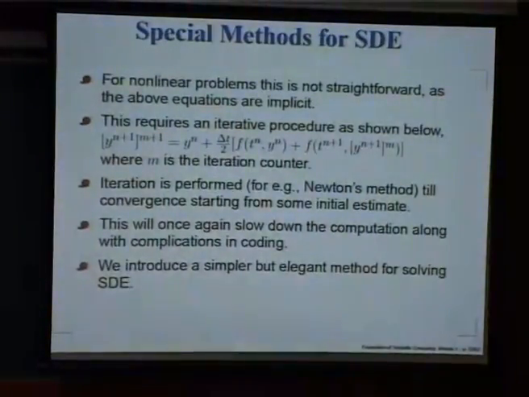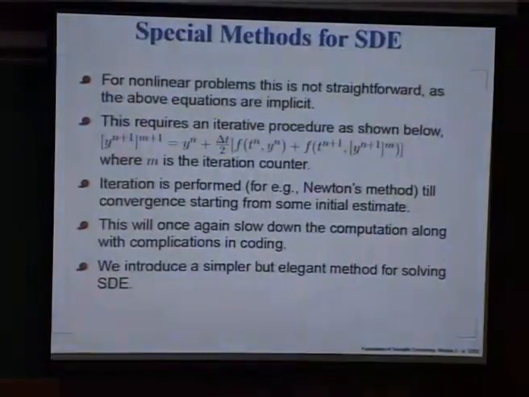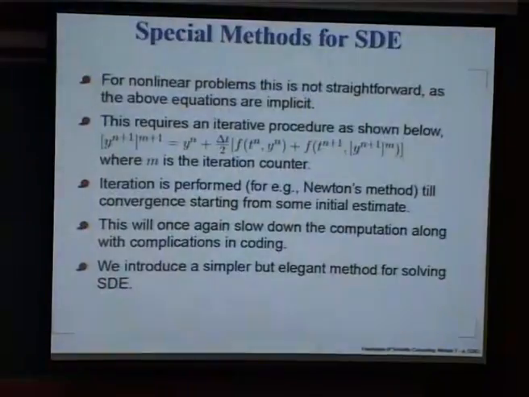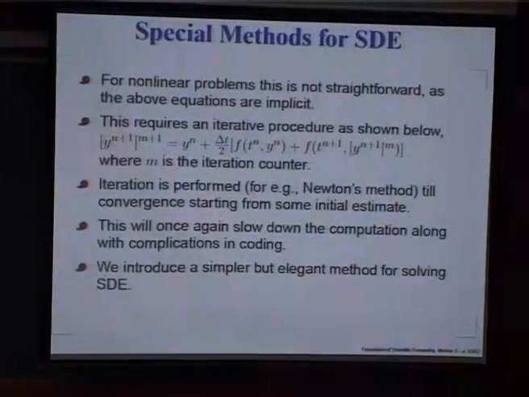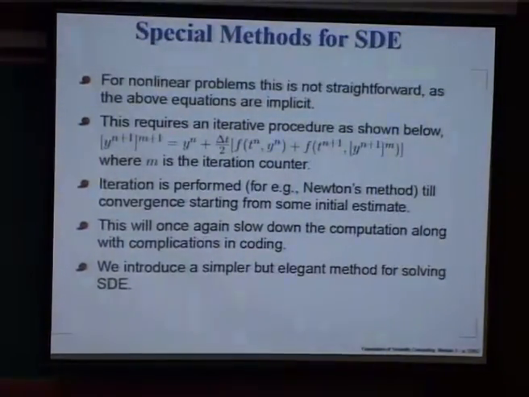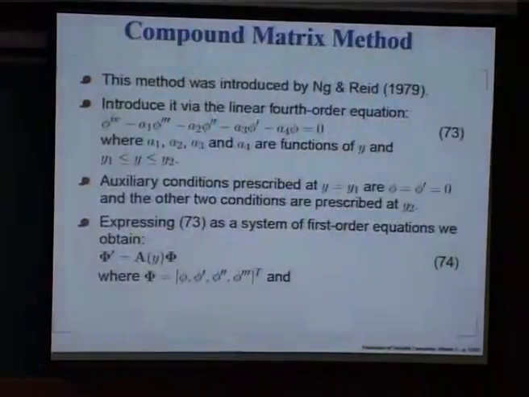Now, while this was the situation for quite some time, a breath of fresh air actually came towards the late 70s. A new elegant method was evolved to tackle this stiff differential equation, and that is what I am going to talk to you about.